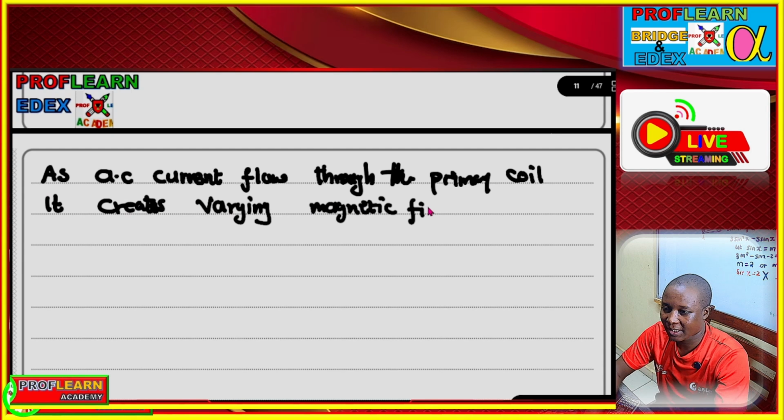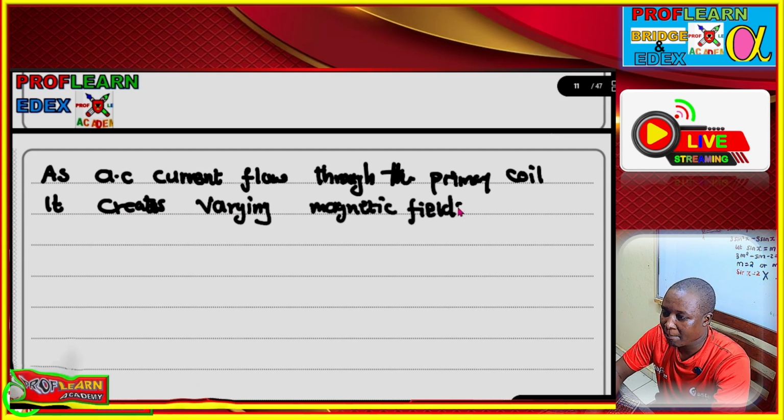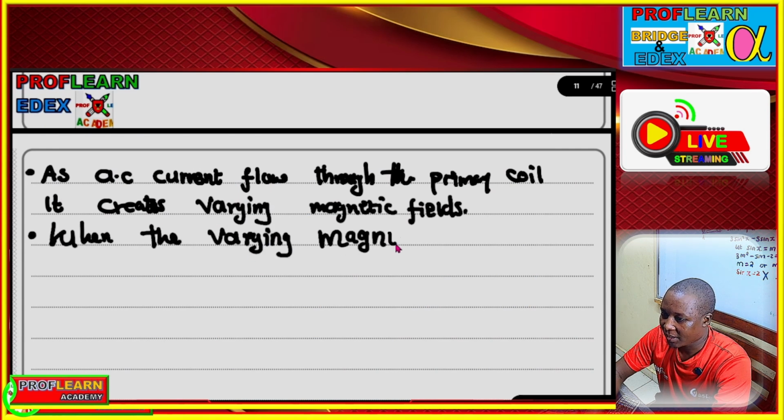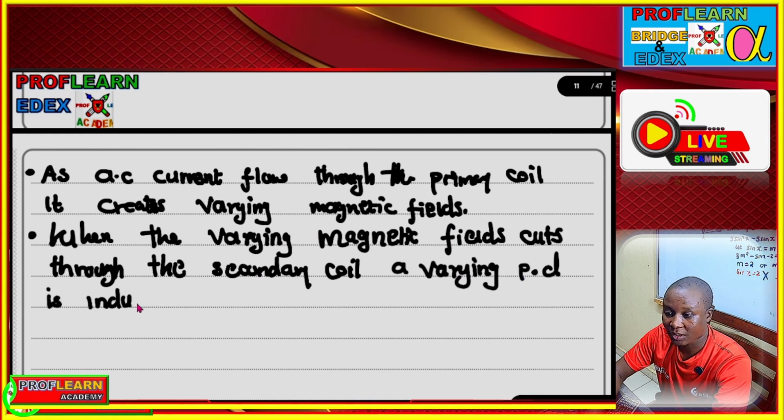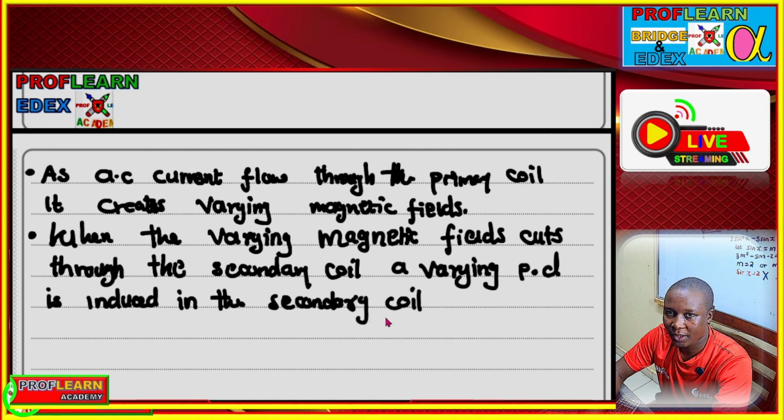So let's write: as the alternating current flows through the primary coil, it creates varying magnetic fields. Then, when the varying magnetic fields cut through the secondary coil, a varying EMF or potential difference is induced in the secondary coil, which results in the flow of alternating current.